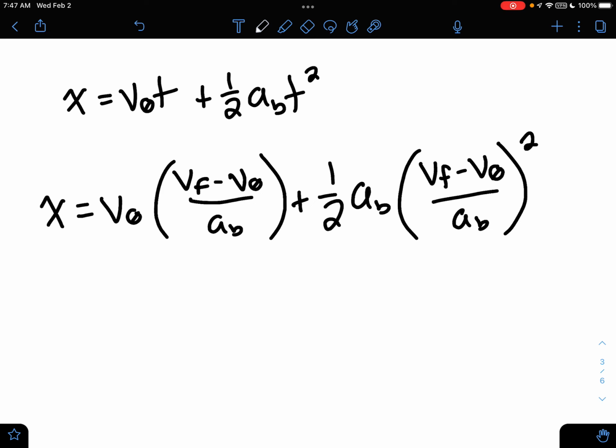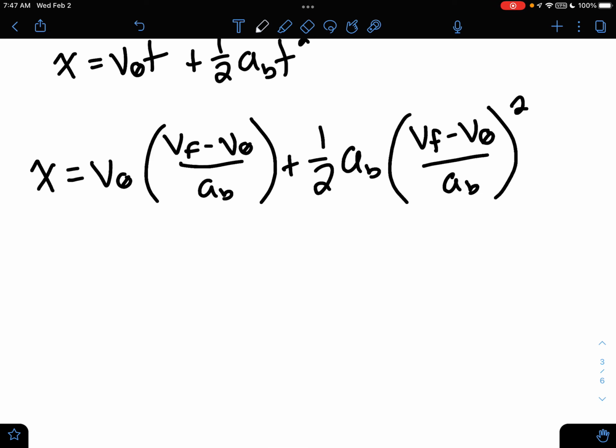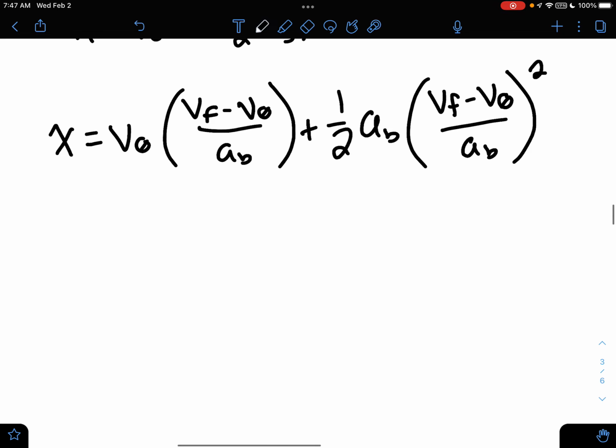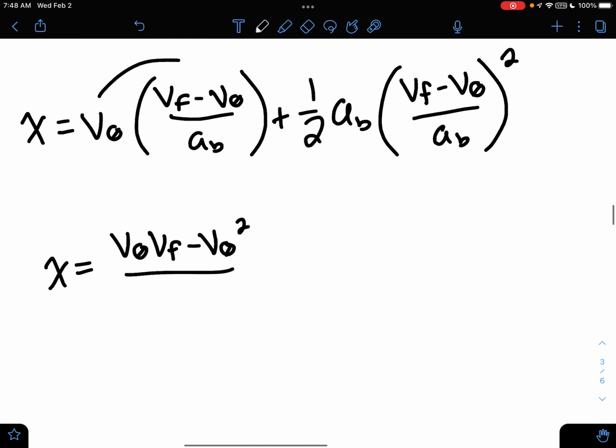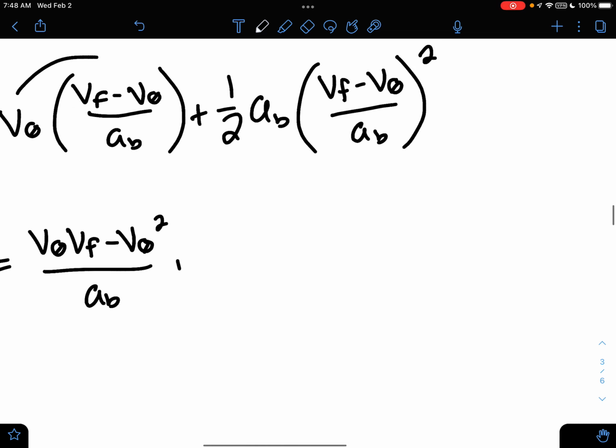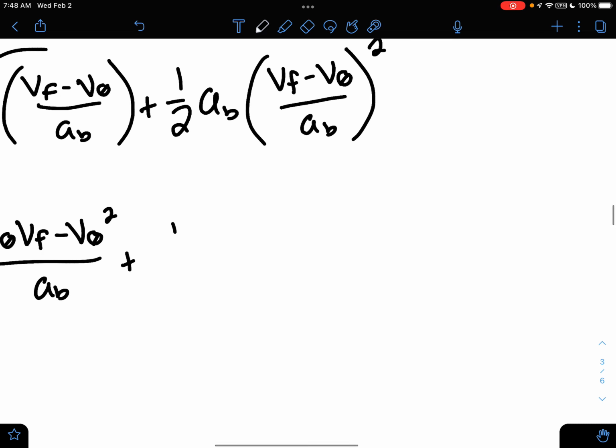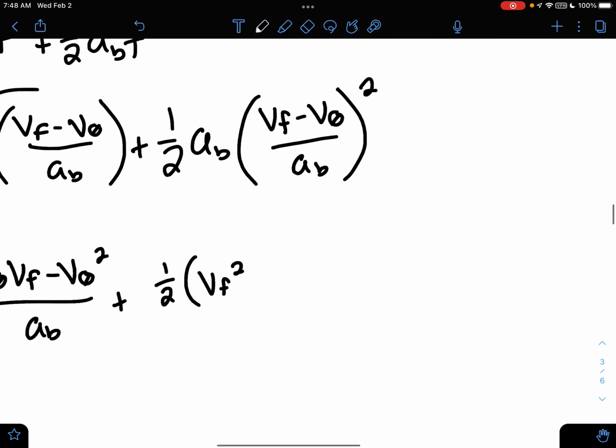I'm going to simplify this one just to make it easier to look at, because right now this looks gross and I don't like it. All right, I'm going to distribute in v naught over all this mess. X equals v naught v final over acceleration, minus v naught squared over acceleration, plus 1/2 of the squared term.